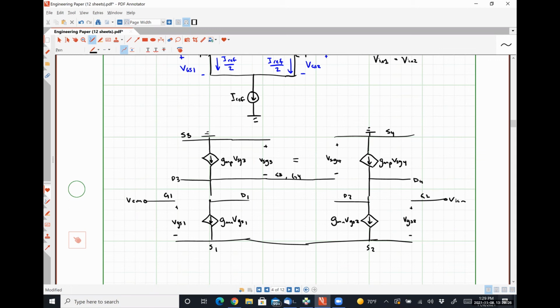So if we have some common mode voltage applied at the gate of M1, we are going to have some current. I'm going to call it lowercase i because it's a small signal current, is going to flow through transistor M1.